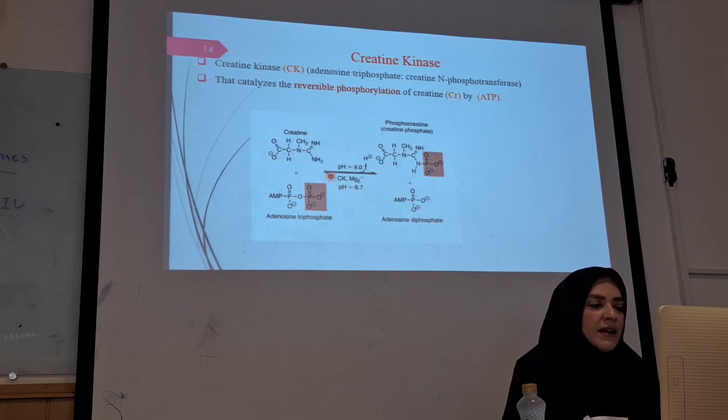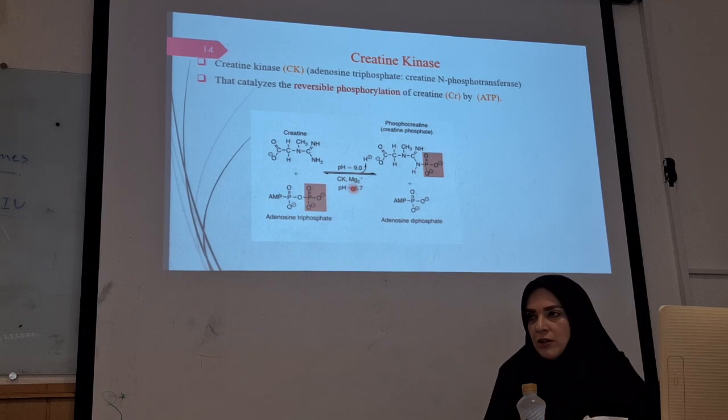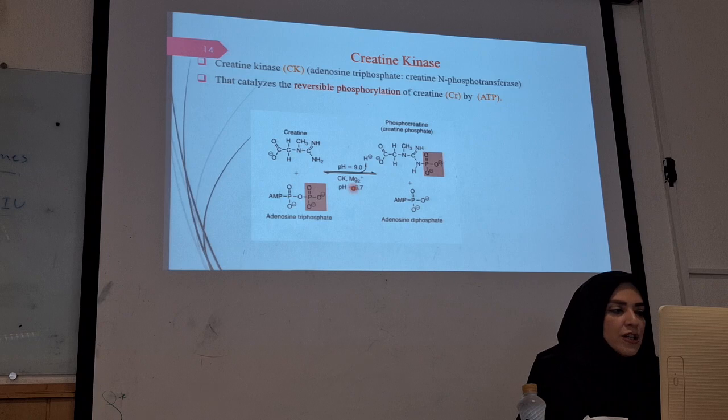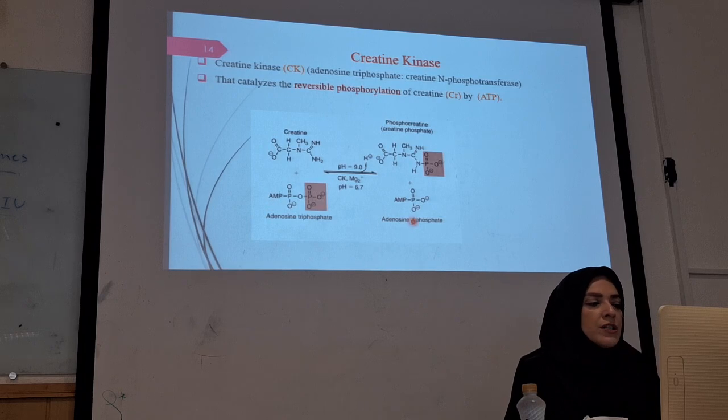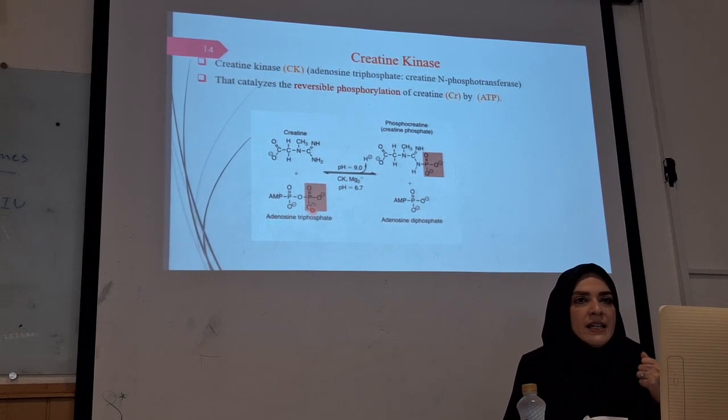As you can see here, we have a different pH for the forward and reverse reaction. At neutral pH, like in muscles, the formation of ATP is favored because our body wants to regenerate the source of energy, or ATP.